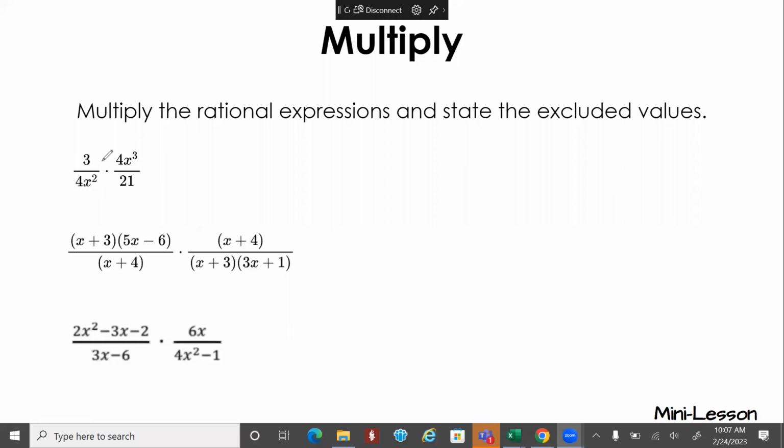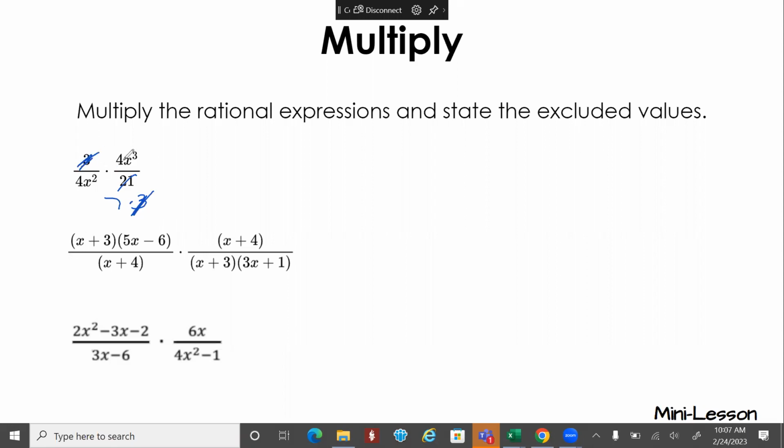Okay, so on this one, it's gonna be kind of similar to what we just did. But it's more the way that I did it than what you did. So what I mean by this is, you see that there's a 3 up here in the top. Can we break this 21 down into 7 and 3? So what happens is those 3's cancel, right?